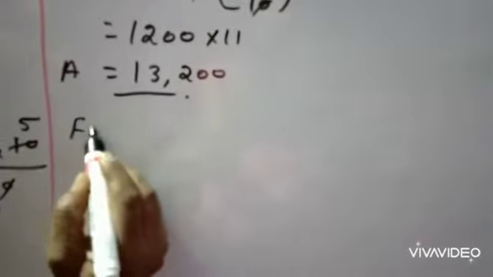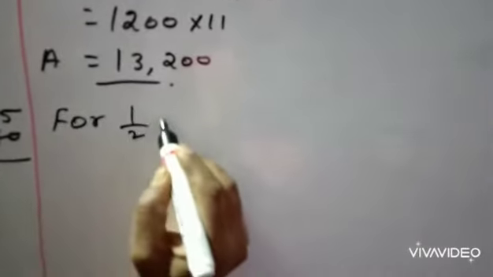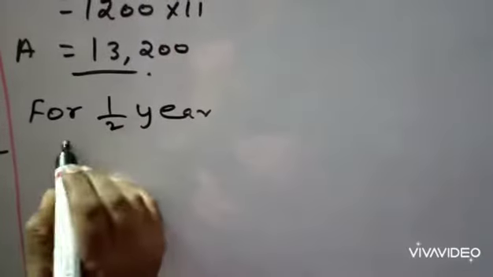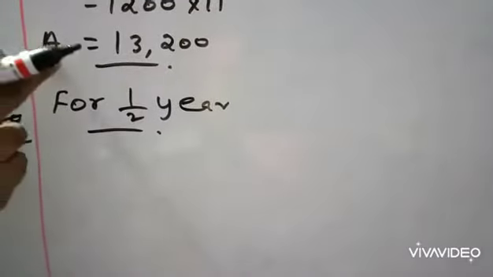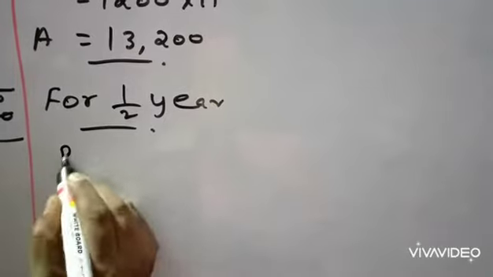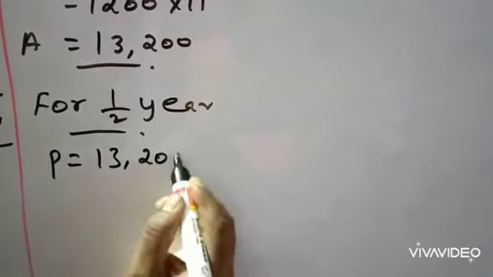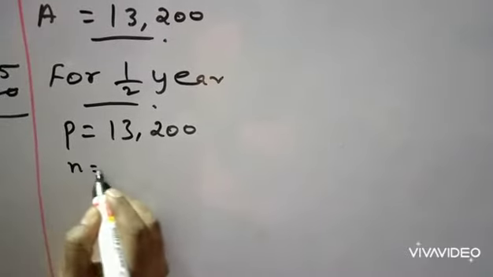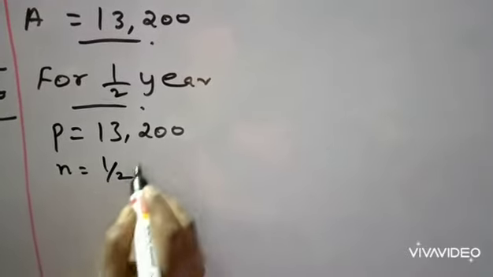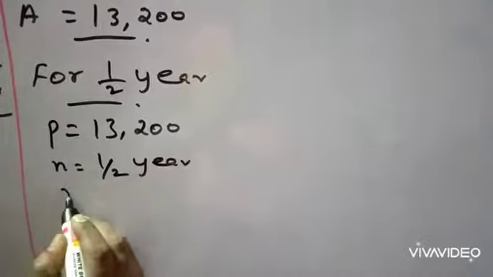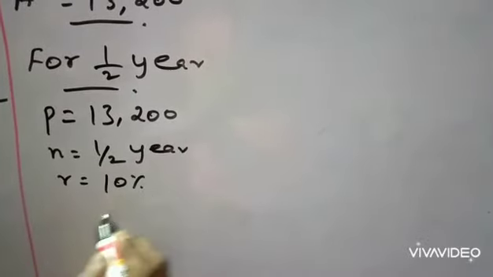Next, for the remaining half year, this amount will go as the principal. So principal for the second half year equal to 13,200, n equal to half year, and the same rate 10%.